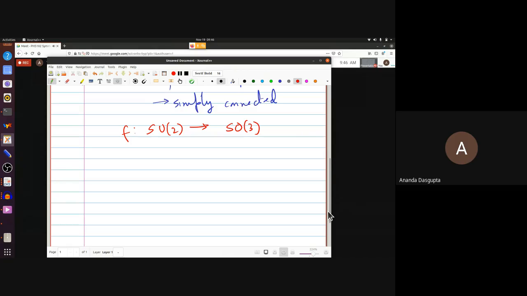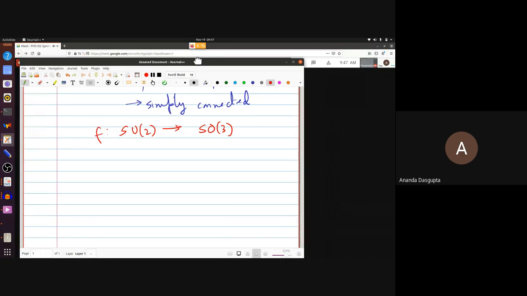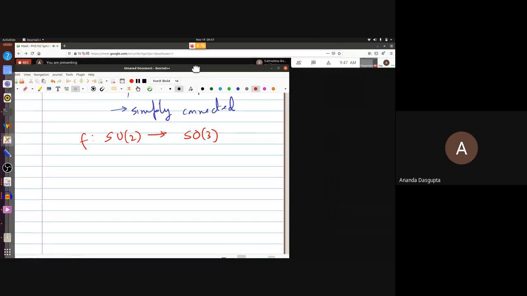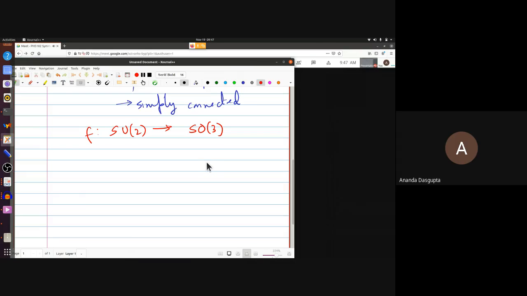The explicit map, which given an SU2 matrix will give you an SO3 matrix, or given a transformation in this two-dimensional complex vector space, will give you the corresponding rotation. Any idea what the map really is? If you don't know this, okay, then we can go ahead and talk about it. If you already know about this, there's no point.